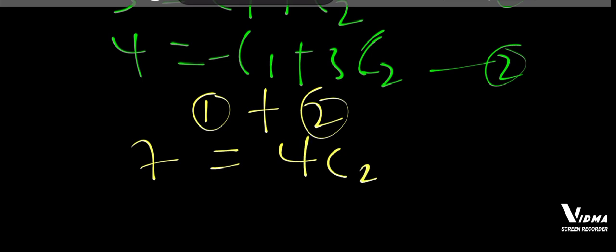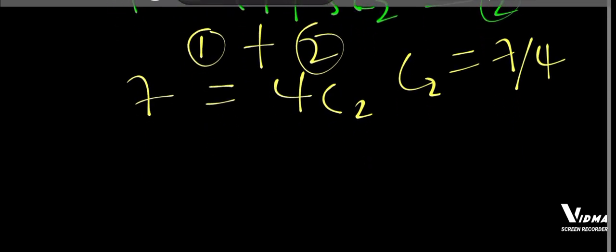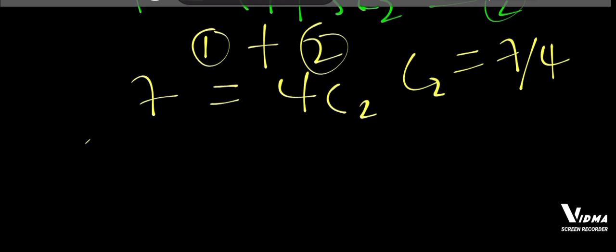And our c2 will be equal to 7 on 4. Okay. So we can now substitute the value of c2 into equation 1, or anyhow you do it.